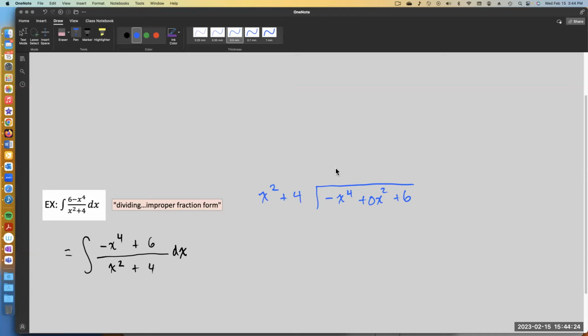Yeah, we're going to put in negative x squared because negative x squared times x squared is negative x to the fourth. Now that negative x squared has got to be multiplied by this whole polynomial over here. So then we're going to have minus 4x squared. And we are going to subtract that whole quantity from what's above it.